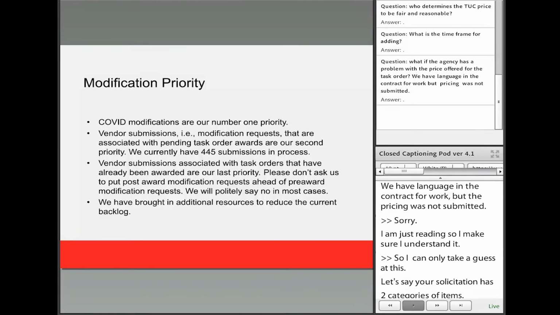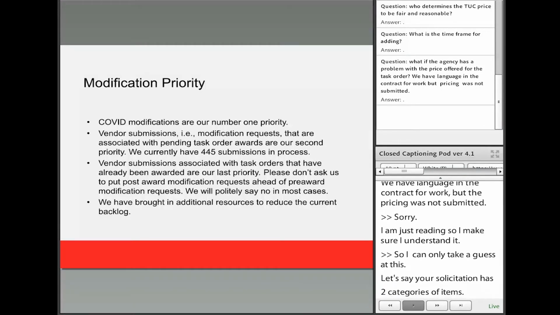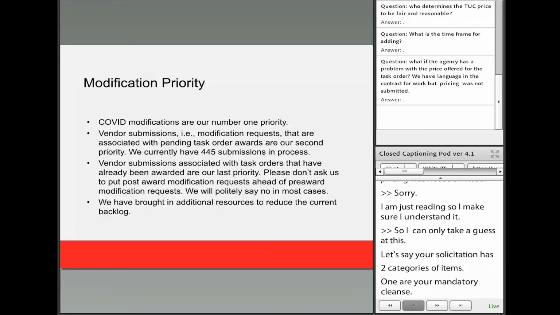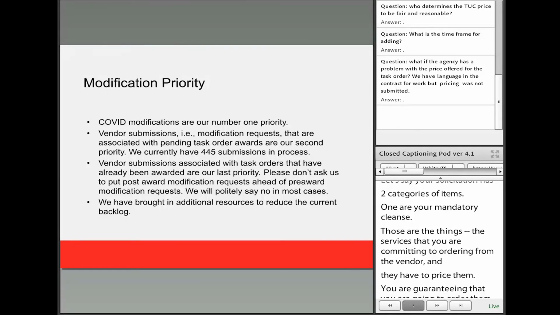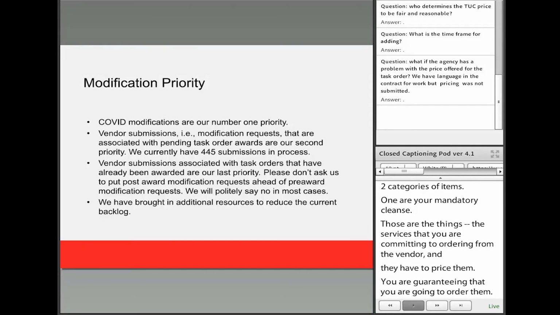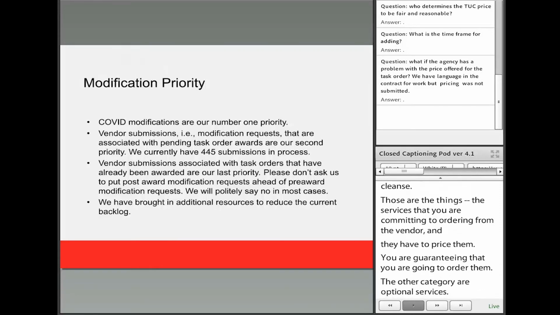Those are the things, or services that you're committing to order from the vendor, and they have to price them. So you're guaranteeing that you're going to order them. The other category of goods and services are optional services. Those you want prices for, but you're not guaranteeing the vendor to order them.